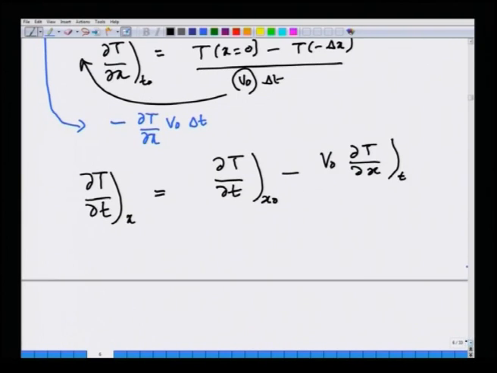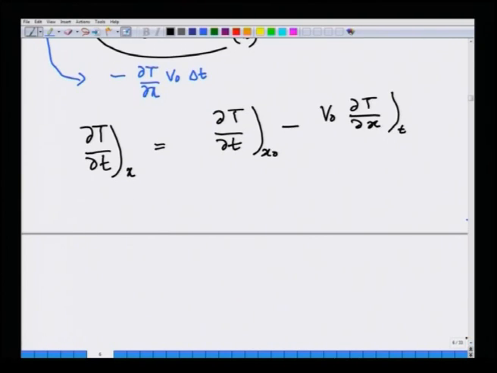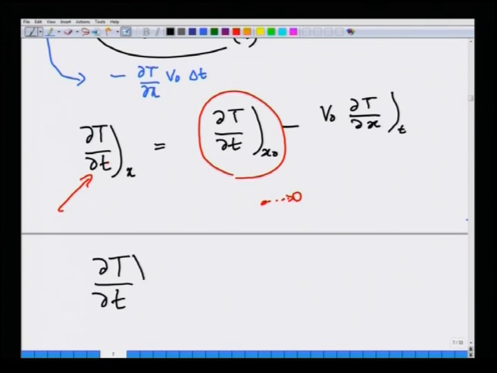So, what we are after is this term, because this is something that is easier to measure experimentally, whereas this is something that is difficult, because this is the rate of change of temperature as you follow a point, whereas this is the rate of change of temperature at a fixed point. So, finally, we have the rate of change of temperature when you follow a particular fluid particle is equal to the rate of change of temperature at a fixed point.